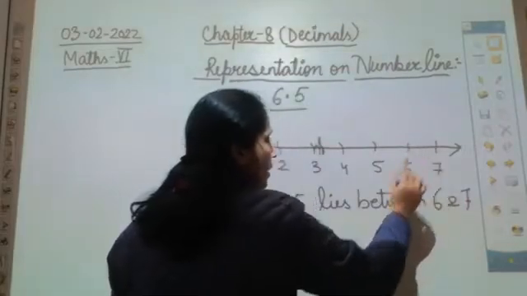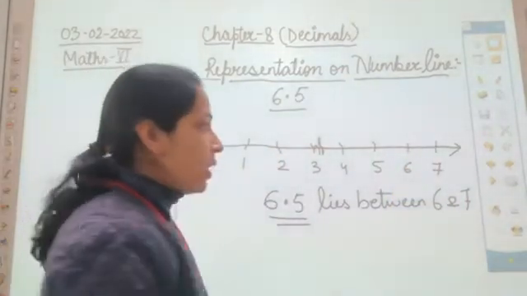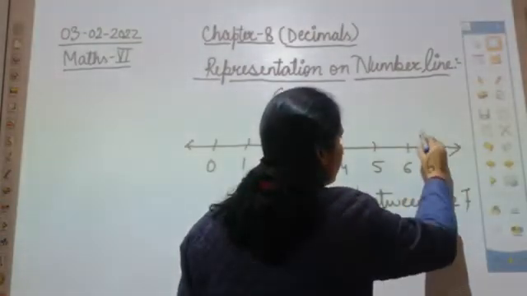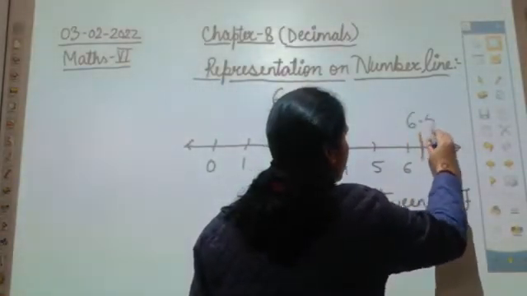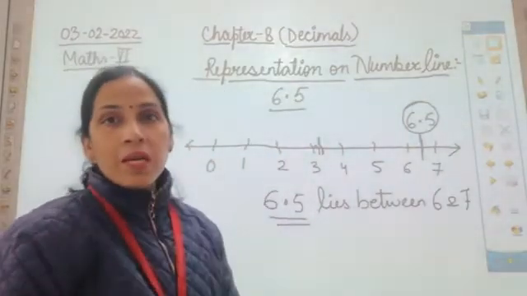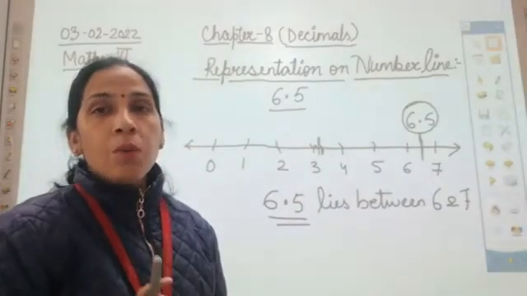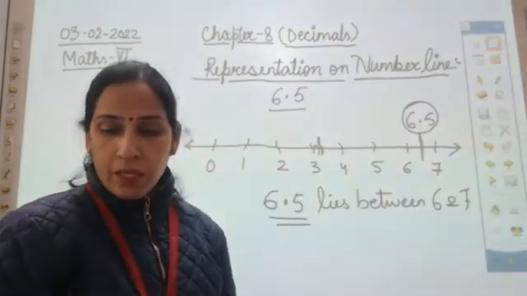It means after 6 we count 5 lines, 1, 2, 3, 4, 5, and the middle line becomes 6.5. Here you can represent 6.5. Easy. Just like the scale you use in your geometry box, you make the number line and then represent that number.